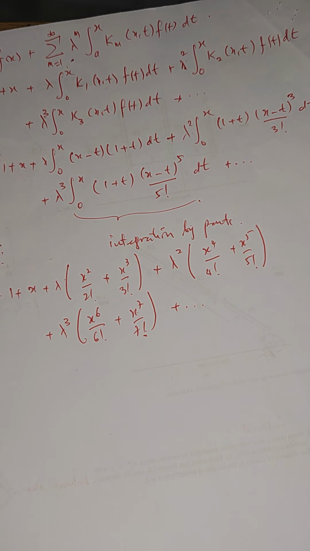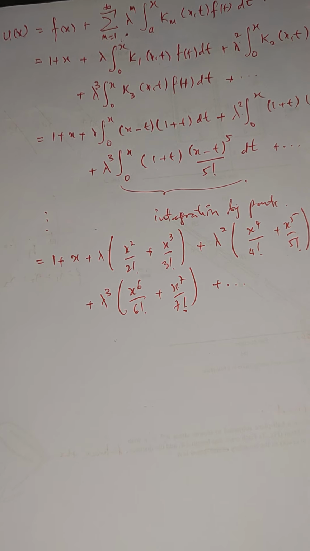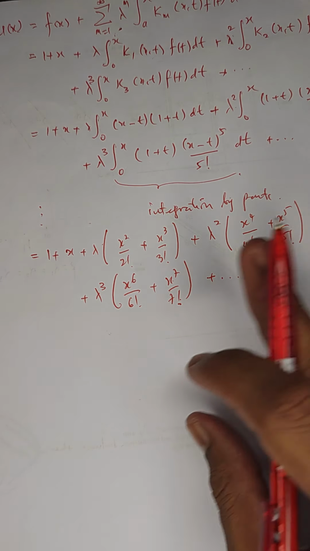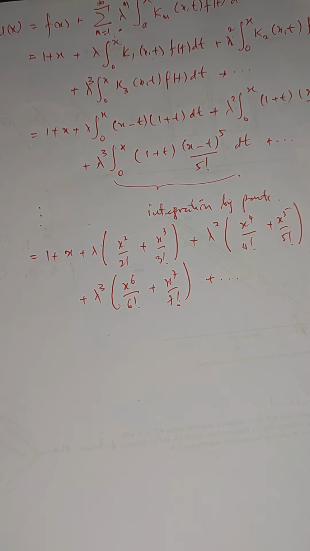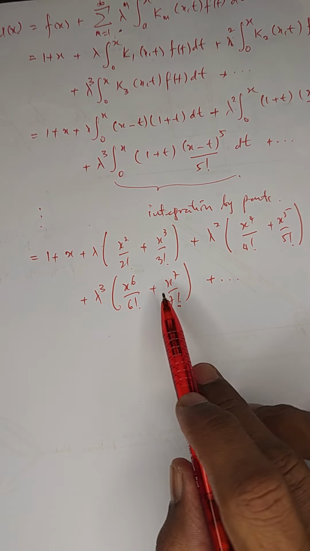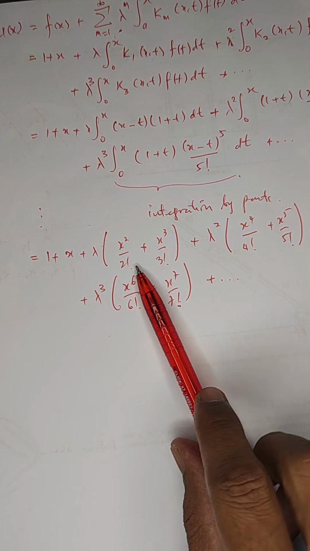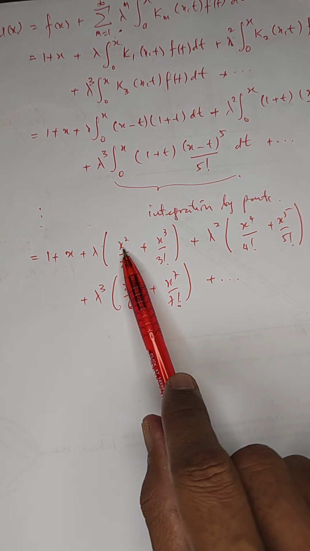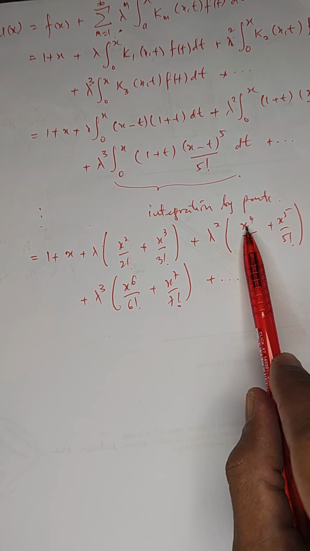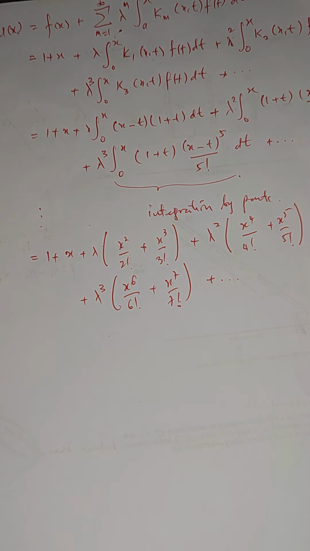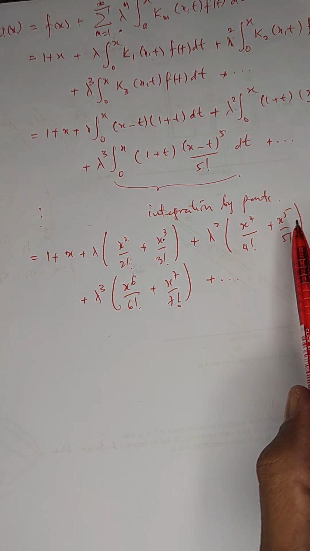Of course, you can write this in the general form, even though it's not a really beautiful pattern. But you can recognize that if you consider the even order, we have x squared, x to the 4, 6, and so on, and as well we have x cubed, x to the 5, and x to the 7, and so on for the odd.